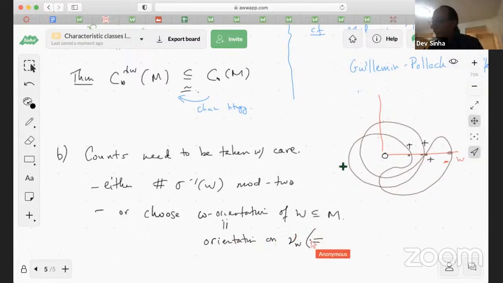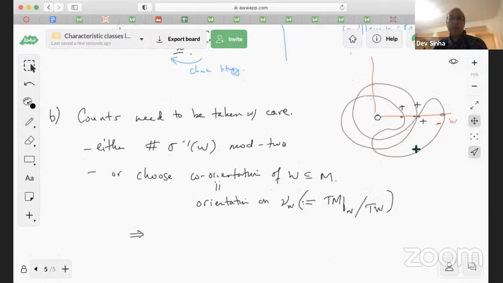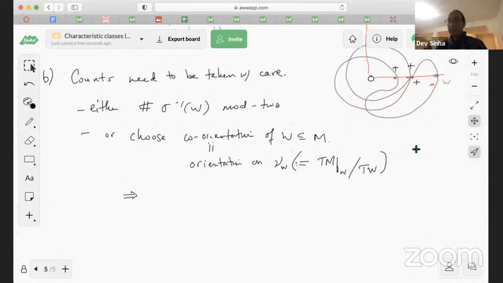Let's remember that this is just the tangent bundle of M restricted to W modulo the tangent bundle of W. So, we're co-oriented, and then what Guillemin and Pollack say is that normal bundles pull back, and the fact that pullback behaves well with functors would mean that exterior powers of normal bundles pull back, orientations pull back.